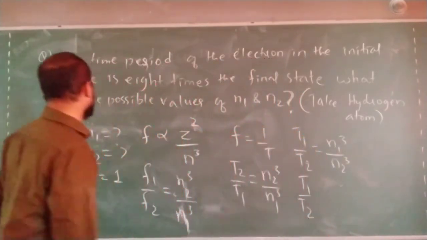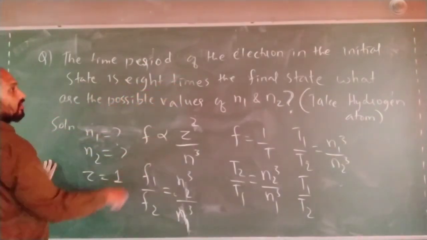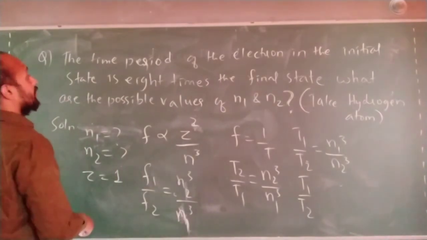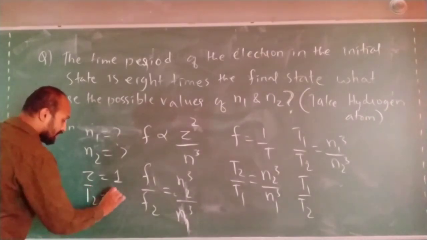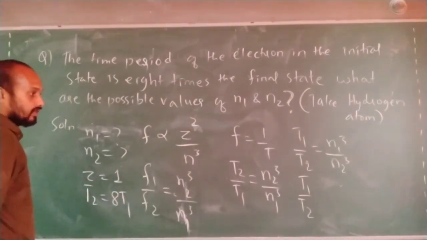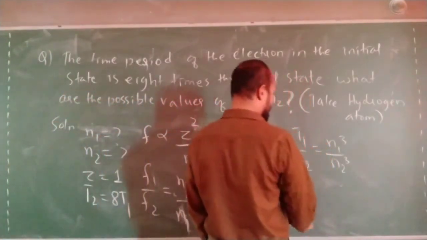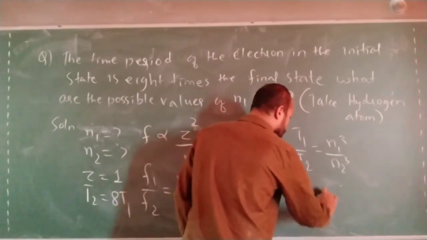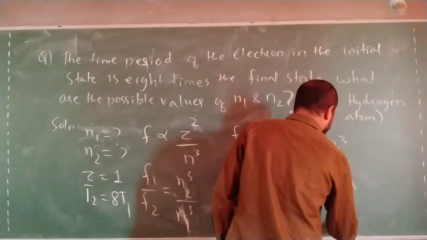Yeah, I didn't write. It's one condition. Time period of the electron in the initial state is 8 times of the final state. T2 is 8 times of T1. So we will substitute: T2 is 8 times of T1 will be equal to N1 cube divided by N2 cube.